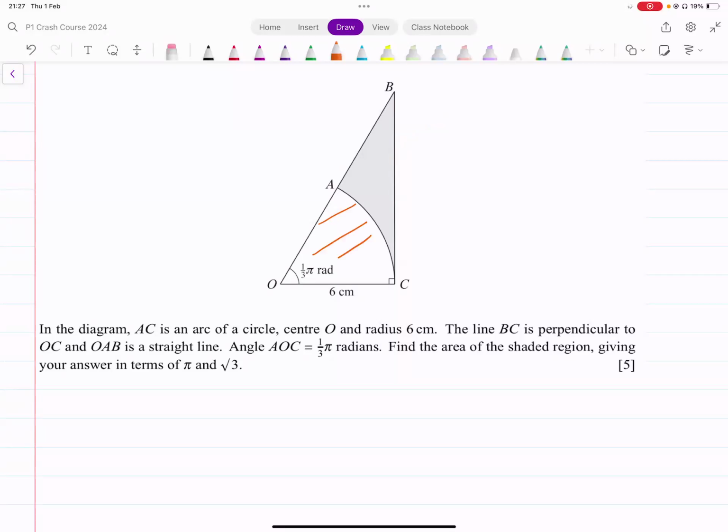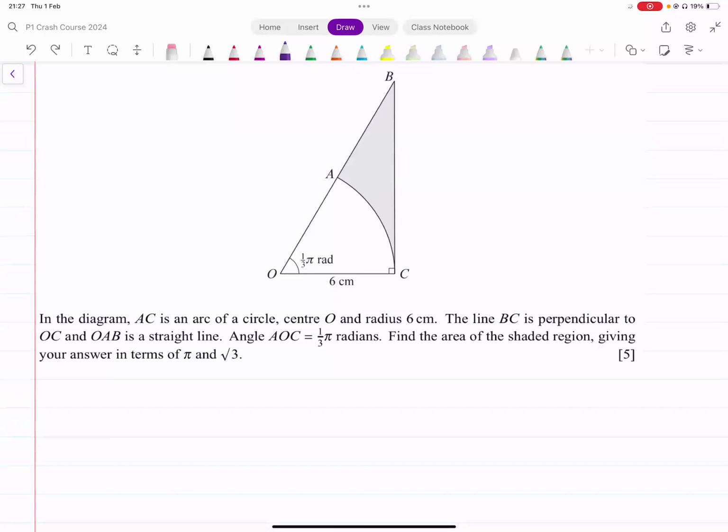Arc is just this line. A line does not have an area. This shape is called a sector. So area of the triangle minus area of the sector will get us the shaded region. So that's all that we have to do.